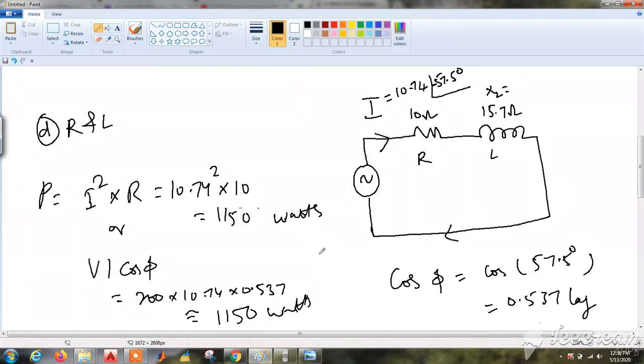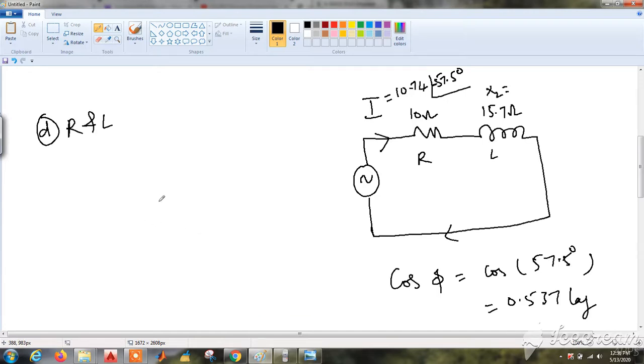Now let us draw the phasor diagram. Now we have seen previously in only L case the voltage was leading the current by 90 degrees, but in this case R and L both are present. So here also voltage will lead the current, but with 57.5 degrees. So either you can take a reference as current or voltage.